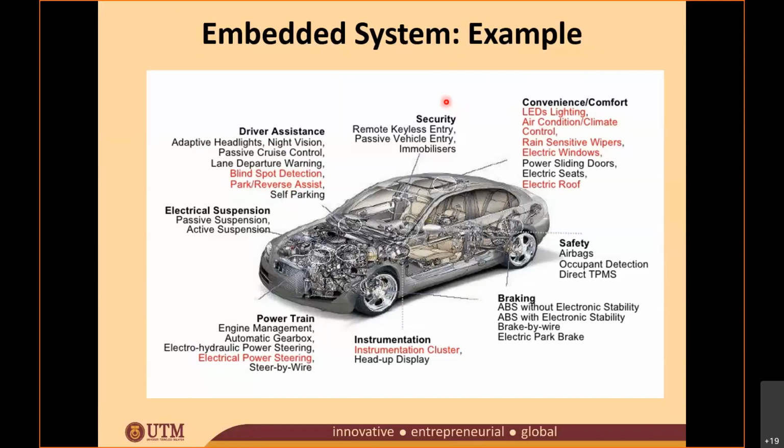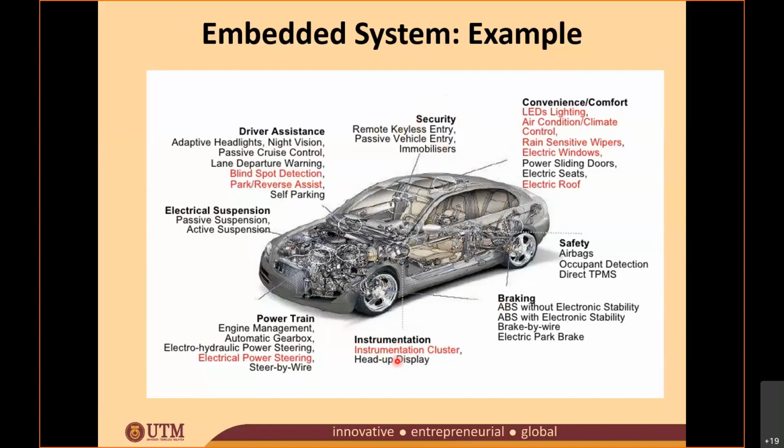For security, you have a remote keyless entry, which is one of the embedded systems, and immobilizers. And then for the instrumentation, you have the instrumentation cluster and head-up display.